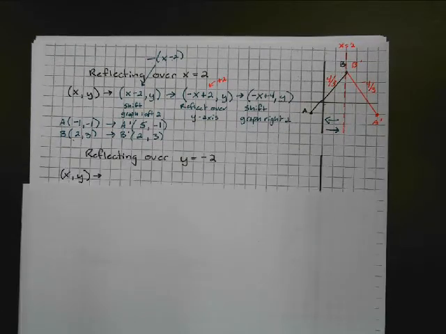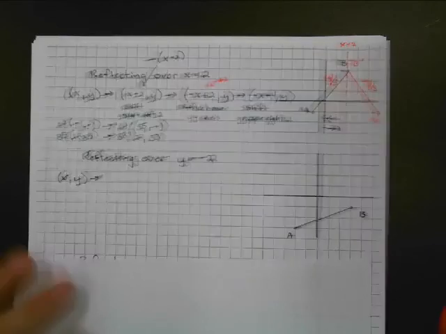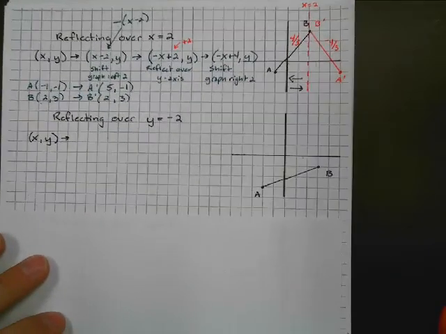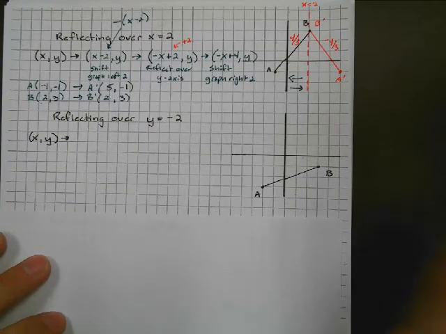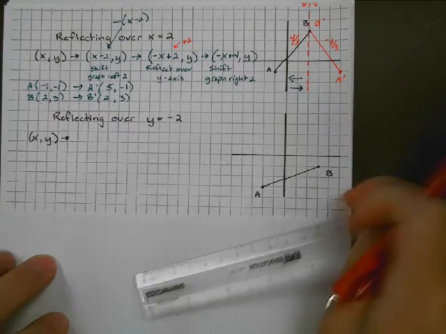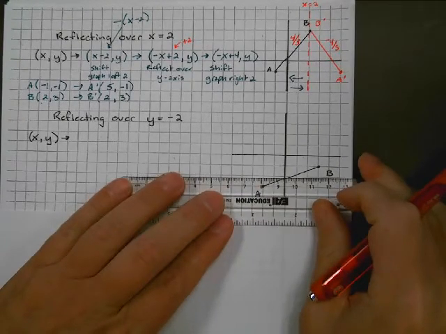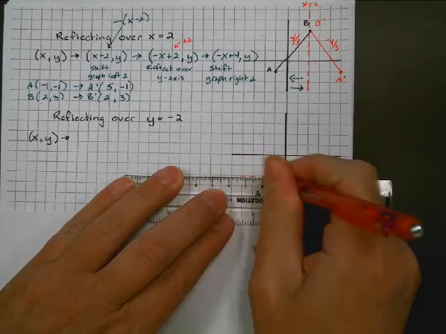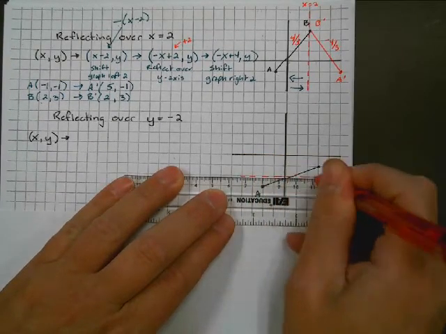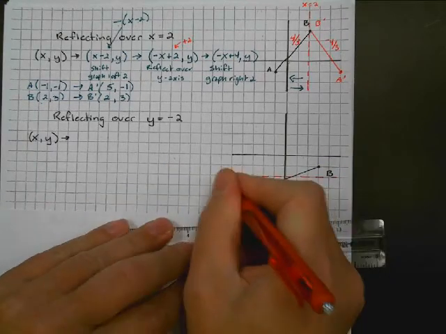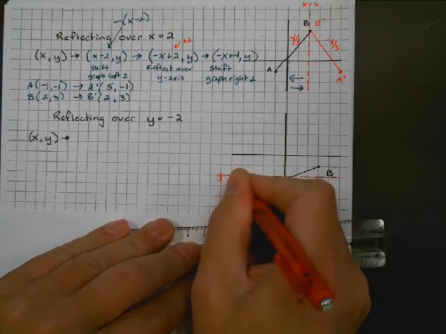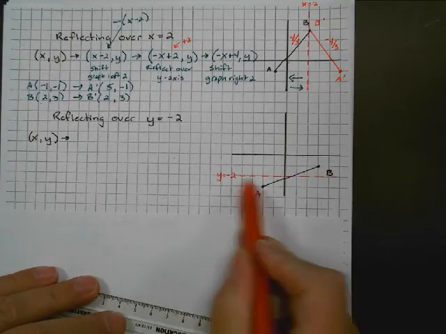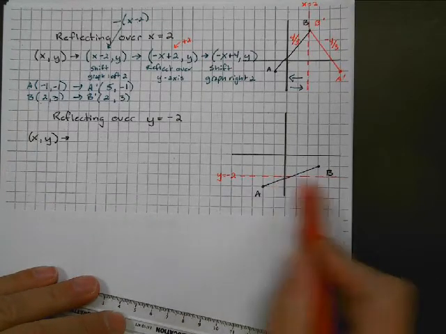All right. Reflecting over y equals negative 2. Okay, y equals negative 2 is a horizontal line. This is y equals negative 2, because everywhere on this line, the y values are negative 2.